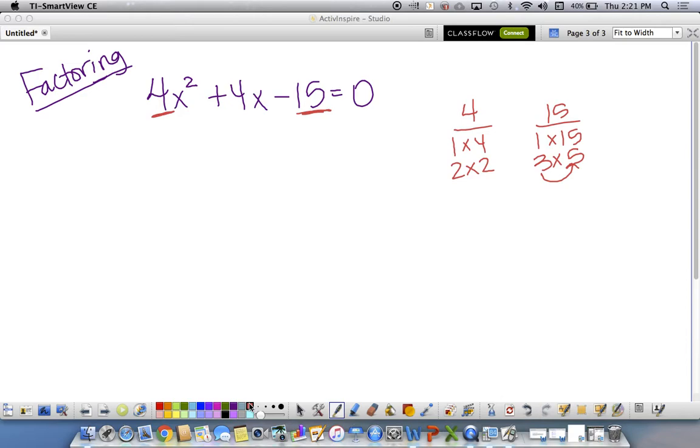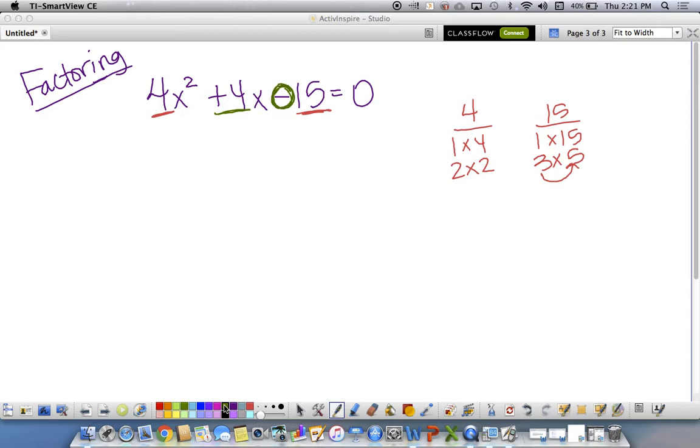So, now the biggest piece you have to look at are these pieces right here. Okay, so the first thing you look at is your A and your C to get all your factors. Okay, now this is going to tell me I'm going to subtract. Okay, if that was an addition sign, then I would add. You're right.